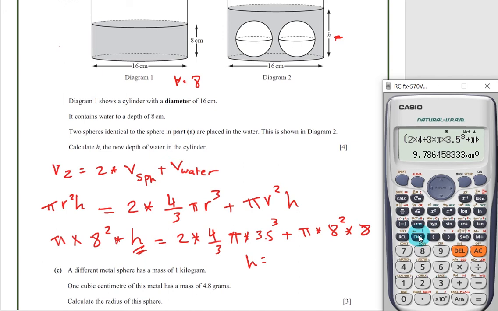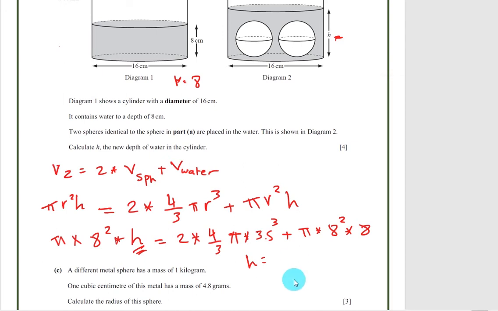So the new height of the water is 9.78. So new height H is 9.78 centimeters.